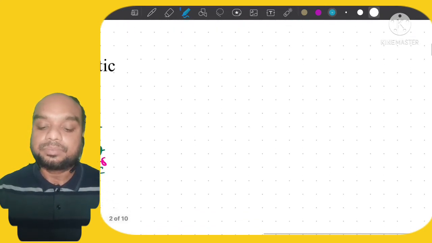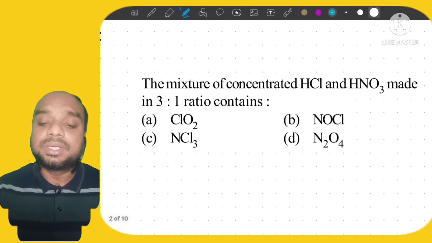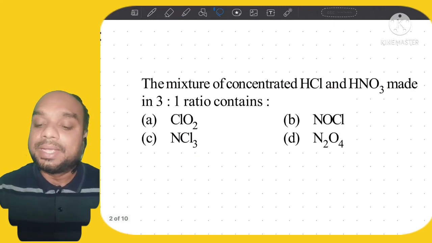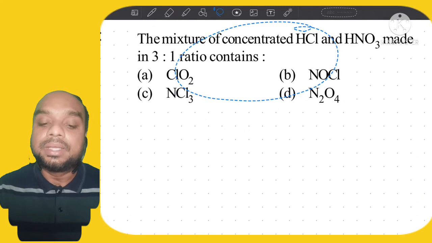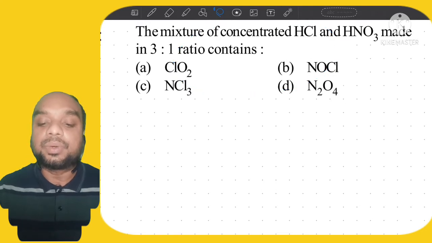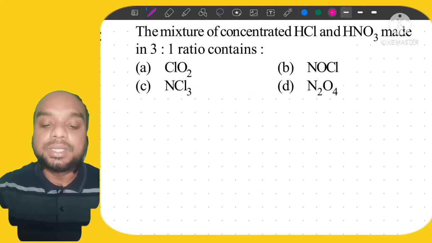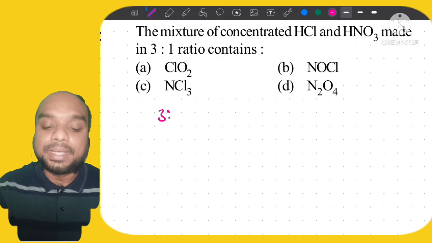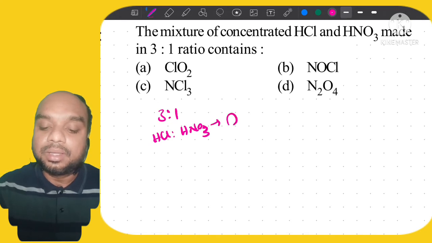Next one. A mixture of concentrated HCl and HNO3 in a 3:1 ratio contains. This mixture is called aqua regia. What is the use of this?